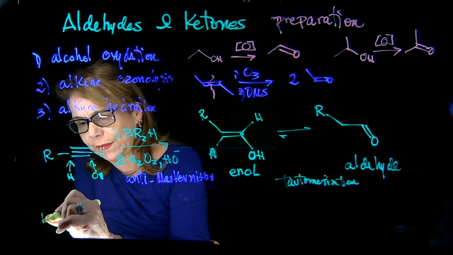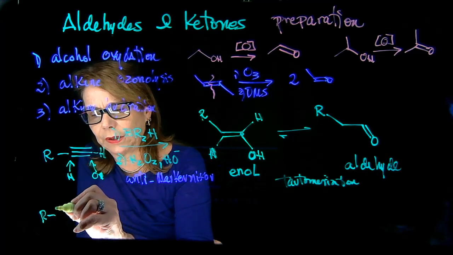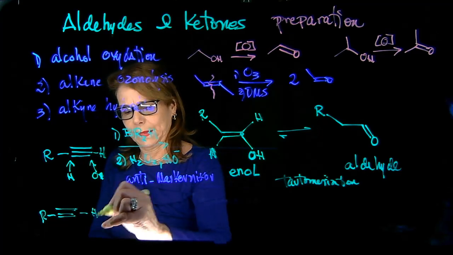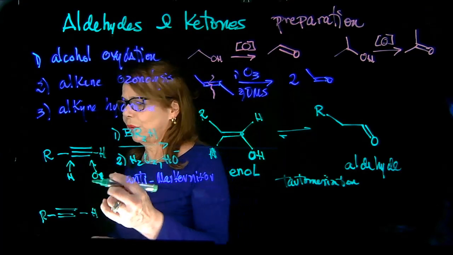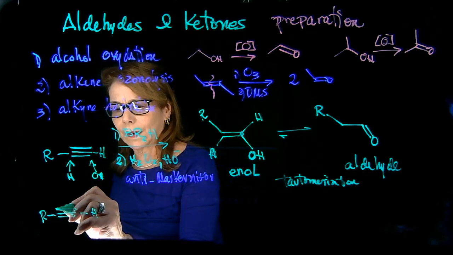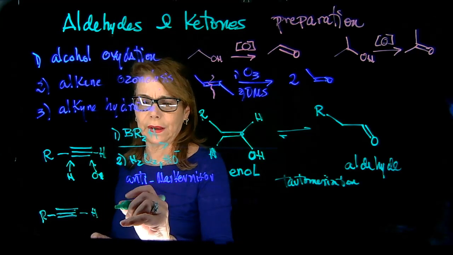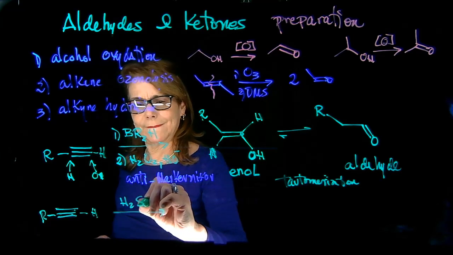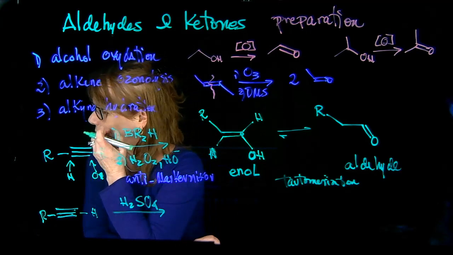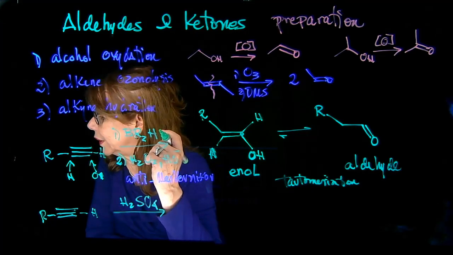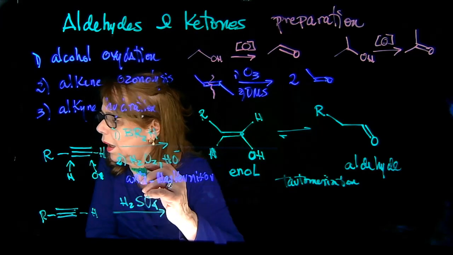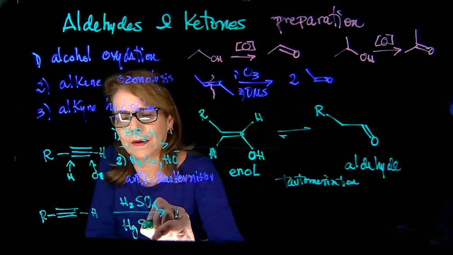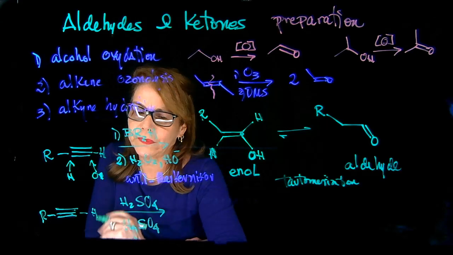Now I'm going to start again with the terminal alkyne. And this time we're going to be using sulfuric acid. And in the case of alkynes, we also need to use mercuric sulfate, HgSO4. Okay, so that is a condition.